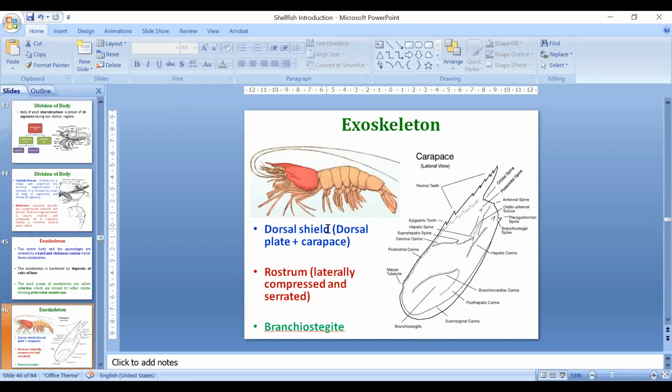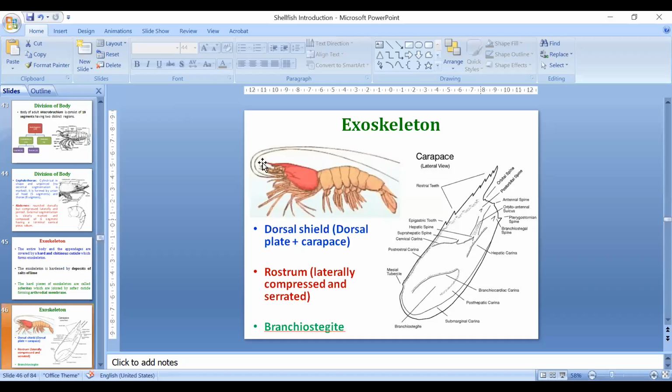The dorsal plate covers the head and the carapace covers the thorax, and when they fuse together, they form the dorsal shield, which covers the entire cephalothoracic region.